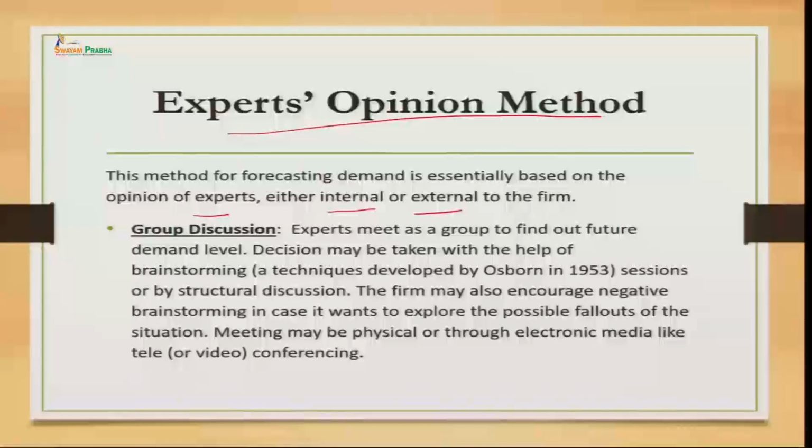So, now how do we go ahead with this expert opinion method? There are two methods through which we do it. The first one is group discussion, right. Group discussion is a very common way of getting the advice of experts. Here, experts meet as a group, they all meet each other physically, sit together, and brainstorm about that particular product.